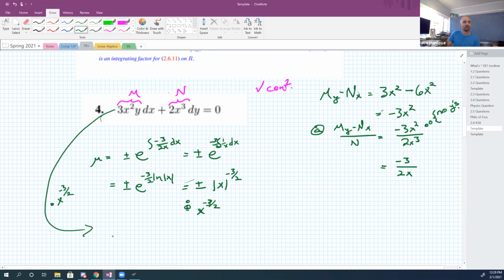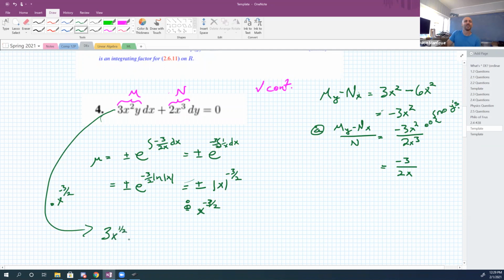So that's going to give me, well, it's going to leave 3 alone. How about x squared times x to the minus 3 halves? What do you get? How many halves is 2? 4.